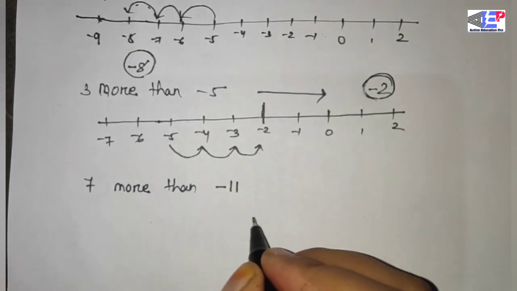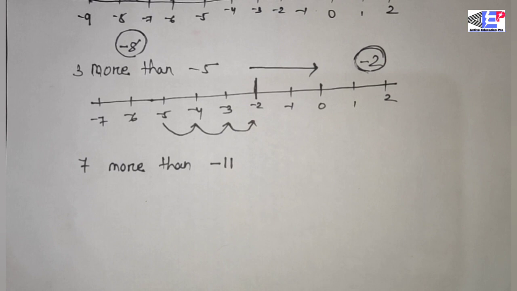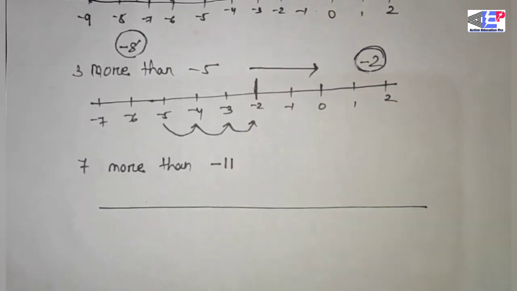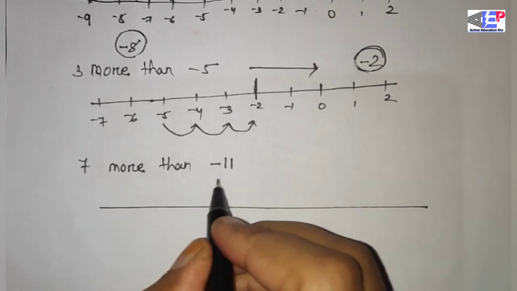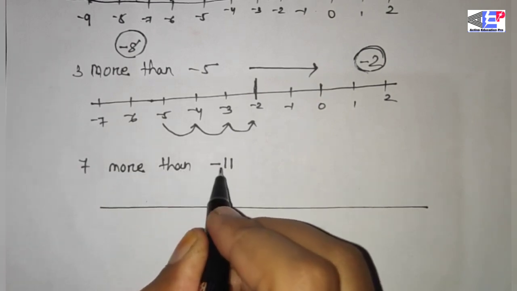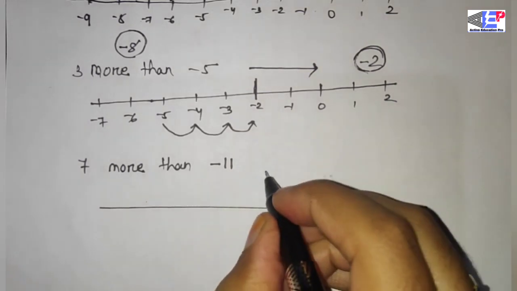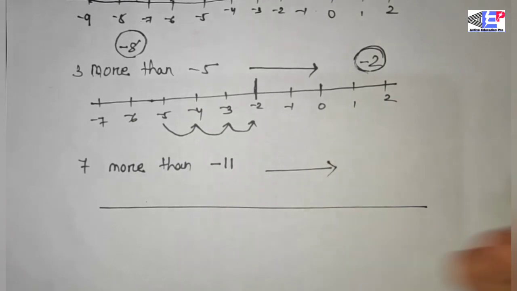Another example. 7 more than -11. Draw a line. Always keep in mind that when it says more than, you move left to right. When it says less than, you move right to left.